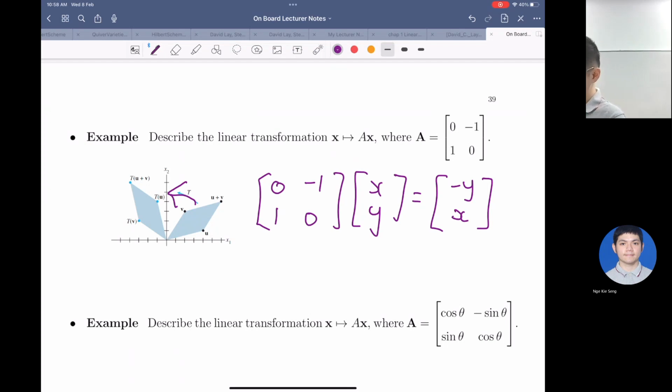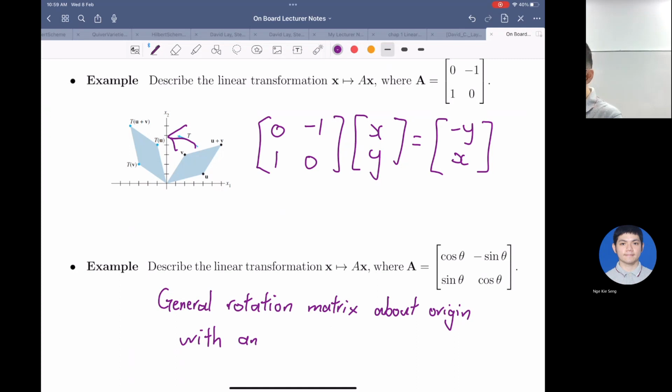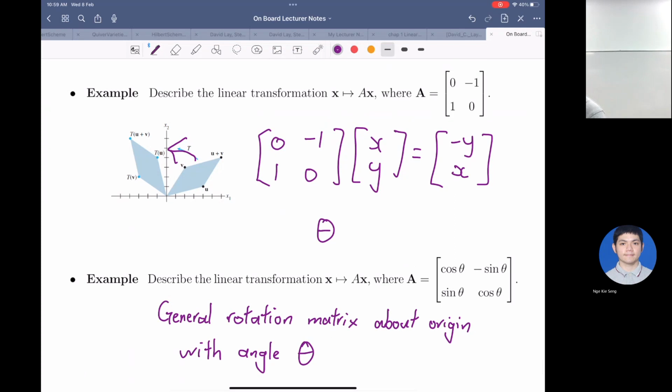A general rotation matrix is this, the general rotation matrix about the origin with angle theta. So actually, this one is theta equal to 90 degrees.